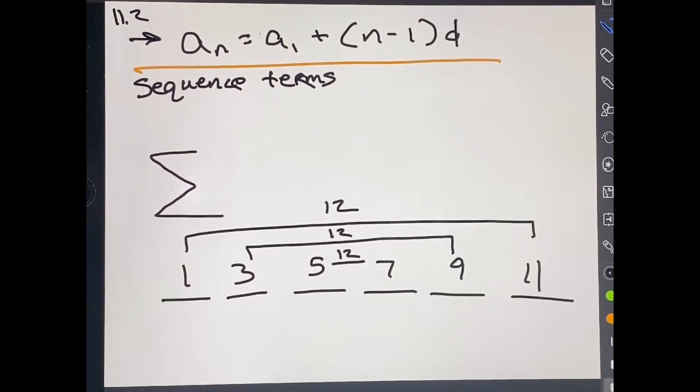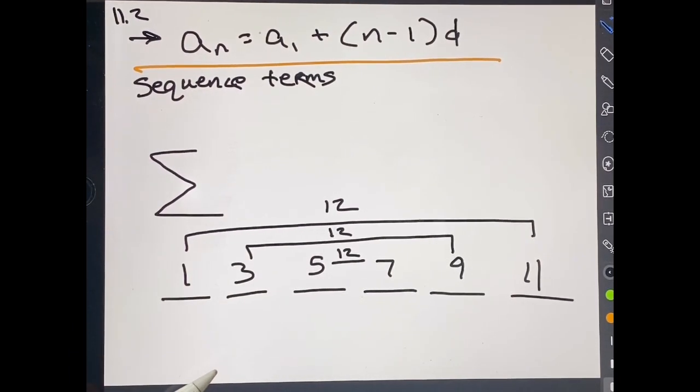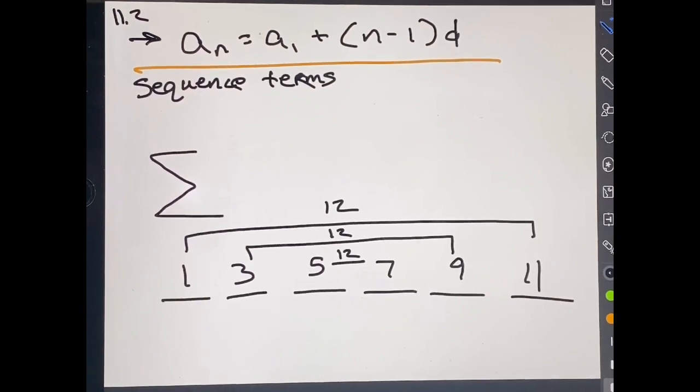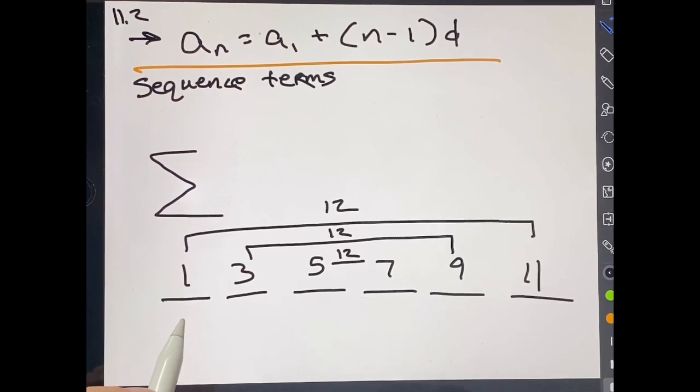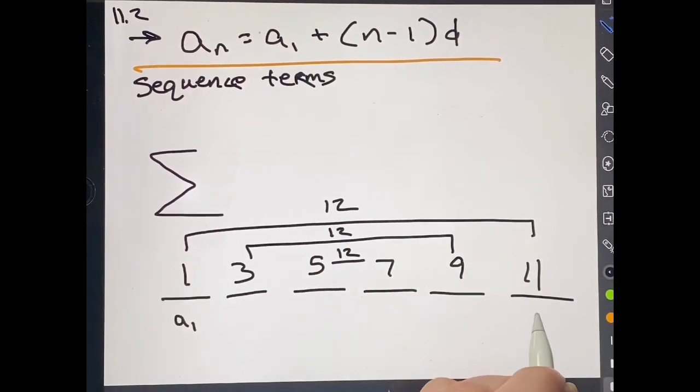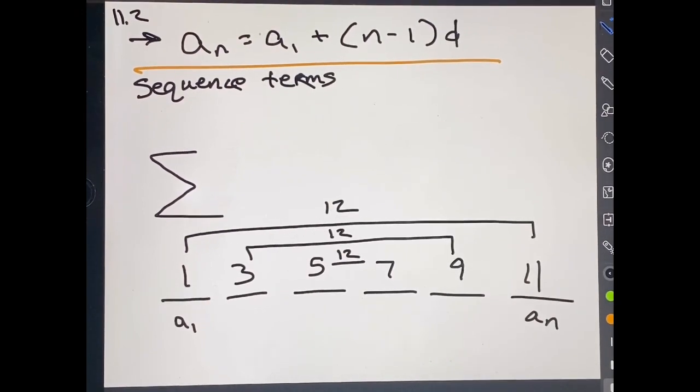So if I have a summation and I have a notation that is asking me to sum them up, I really only need two values. I only need the first term, a sub 1, and I only need the last term.